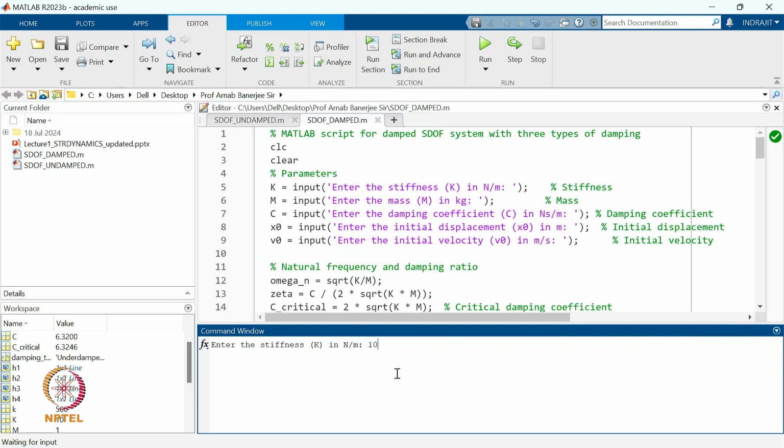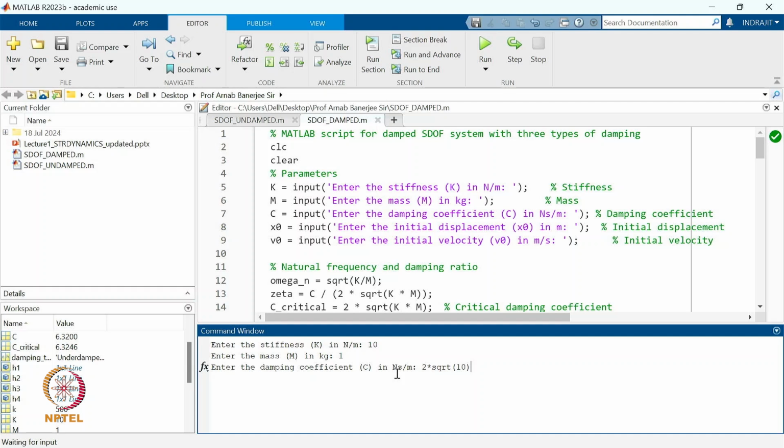So maybe 10, 1, and this one I am using 2 into square root of MK. SQRT, 2 into root MK. So M into K, then 2 root MK. I think done. Yes.